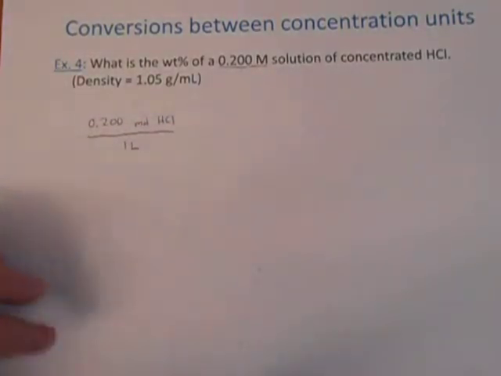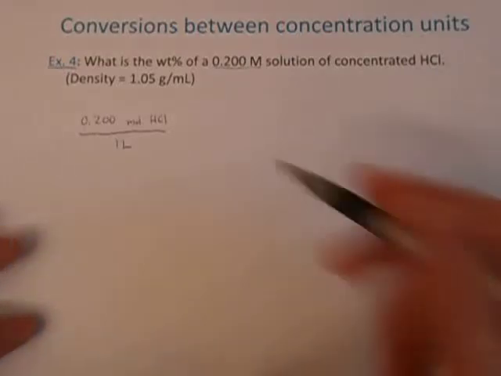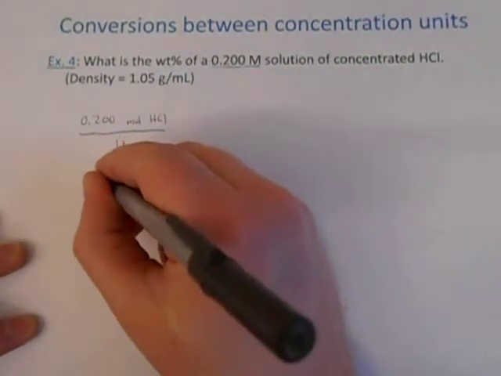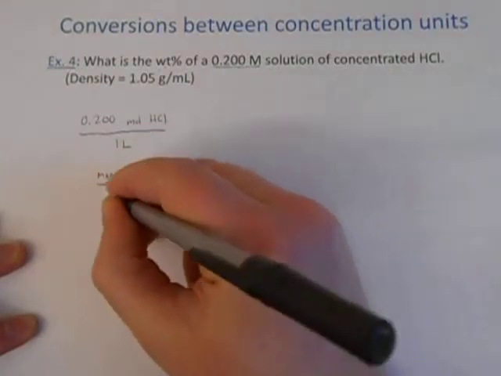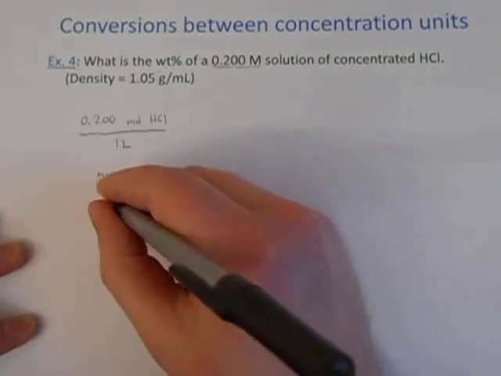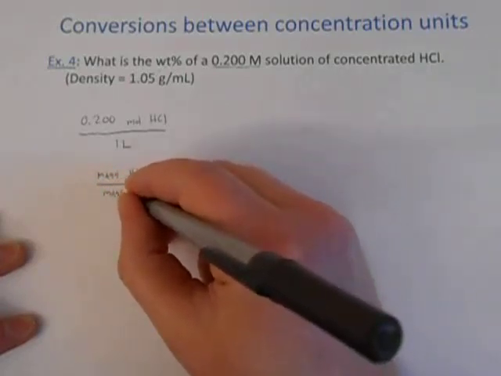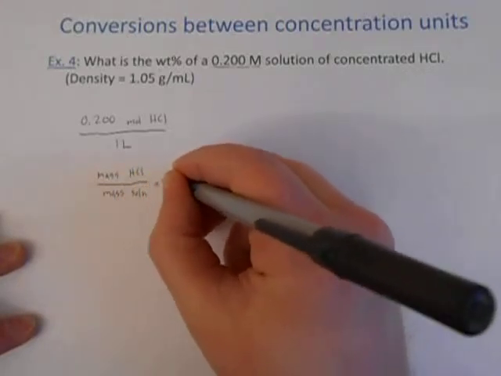So first of all, start out by writing it as a fraction. And then again, ultimately, we want to get the weight percent, which would be the mass of HCl per the mass of the whole solution, and then times 100 to write that as a percent.